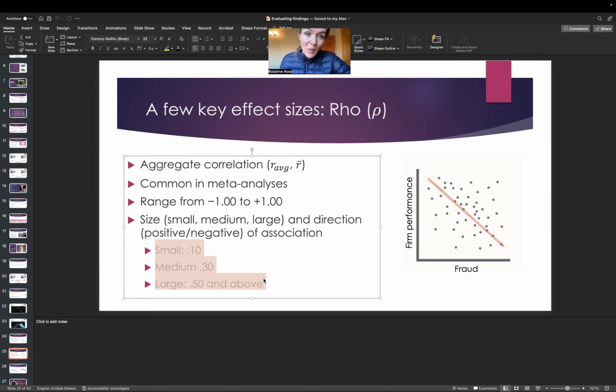Is it small, medium, or large? For us, we see a small correlation is 0.10. A medium correlation is 0.30. So something around 0.30 is considered in the medium range. 0.1 and lower is small. 0.5 and higher is large.